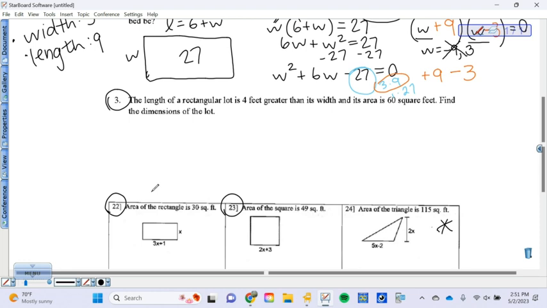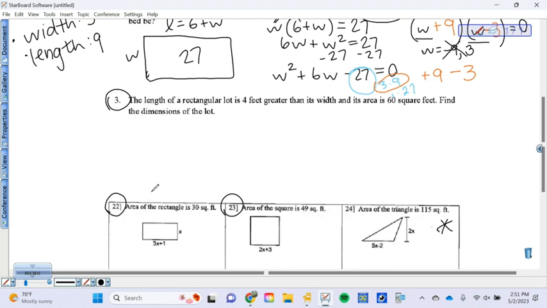So then what does W have to equal? What else? Also W. Ew, don't say that. 6. Yes. Can you have a negative width? No. So which one is it going to be?